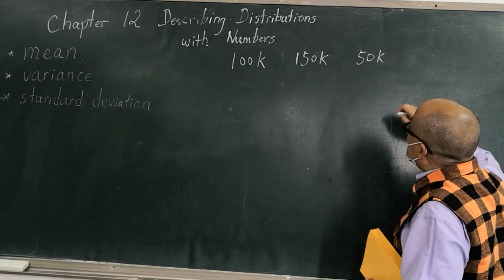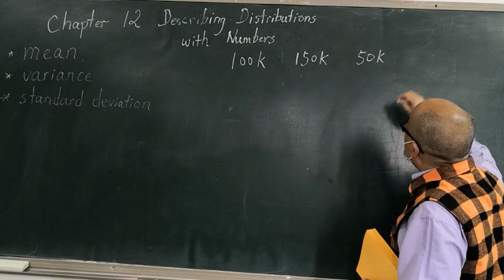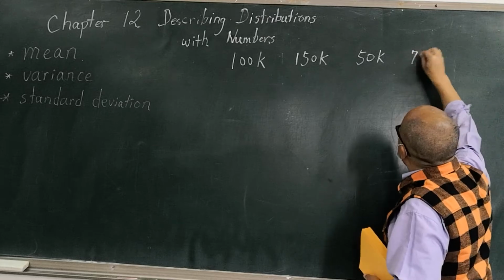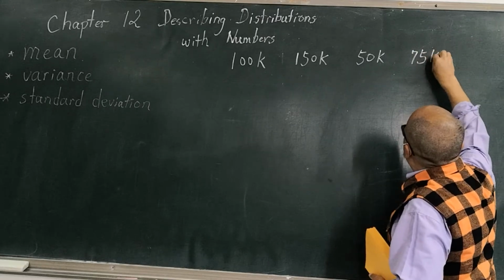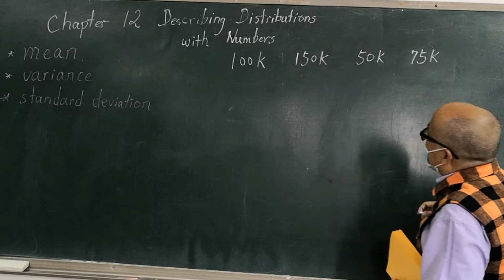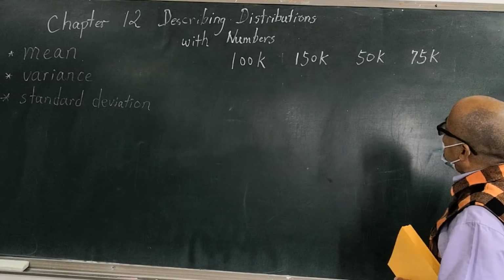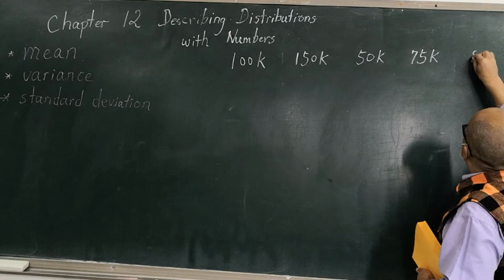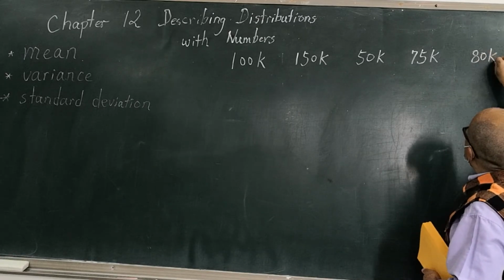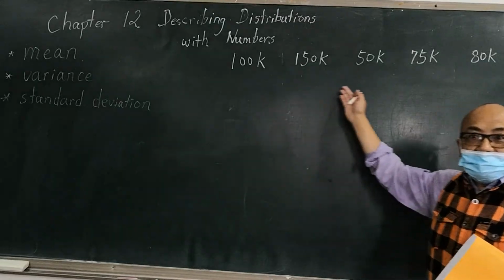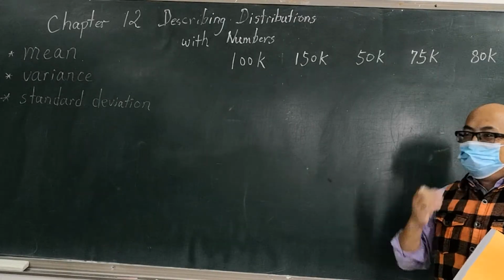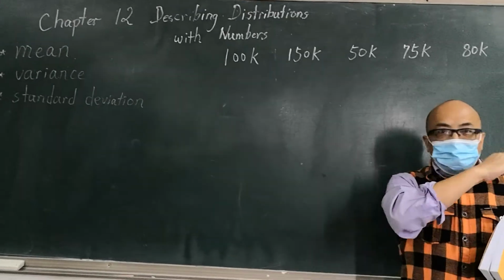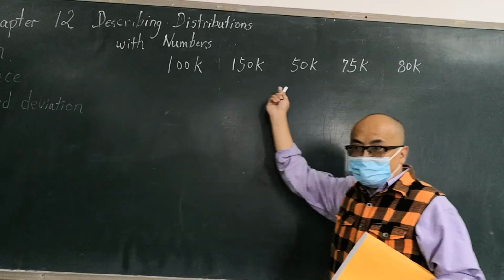Let me give another two: 75K and 80K. We look at the 5 houses on this street.